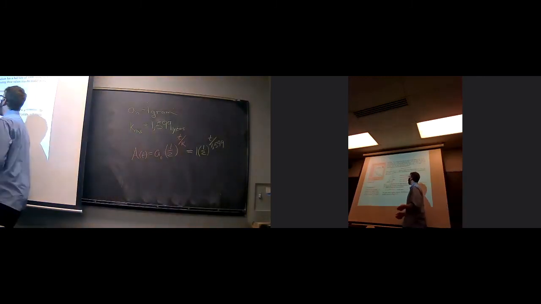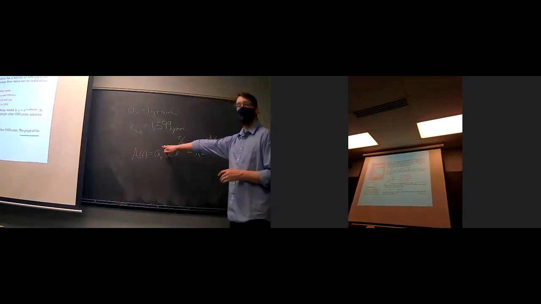Now, they're going about solving this a slightly different way. They're saying that we know this thing's decaying exponentially. And if you didn't know this formula, you could go about solving it a slightly different way.